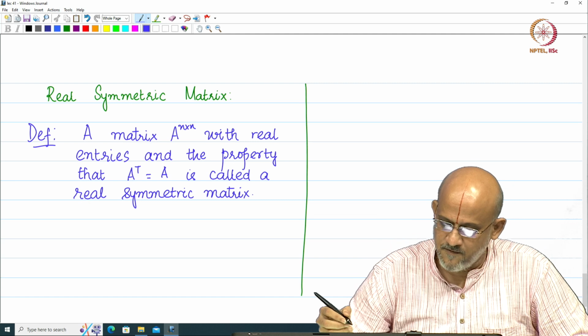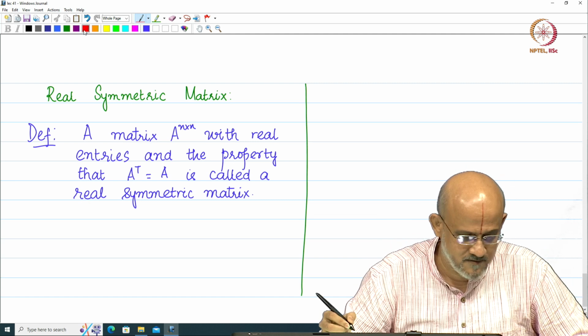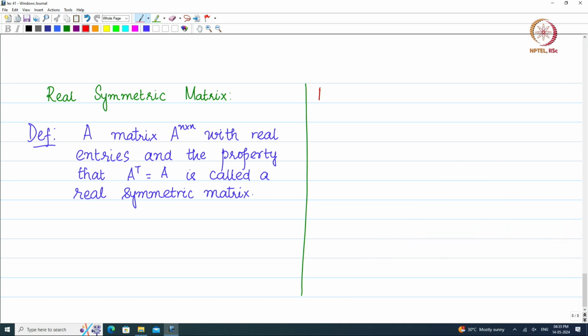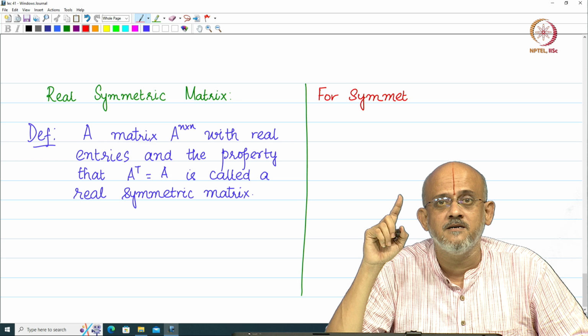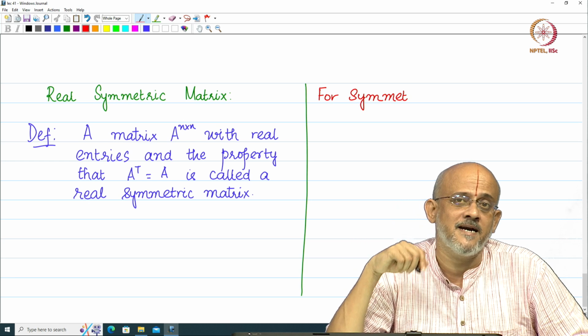So, let us look at this. The first one that we are going to look at is this: for symmetric matrices A and B. We have already looked at one example of a symmetric matrix, which was the projection matrix. We also looked at the identity matrix.